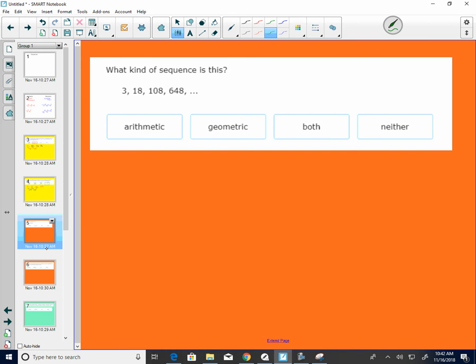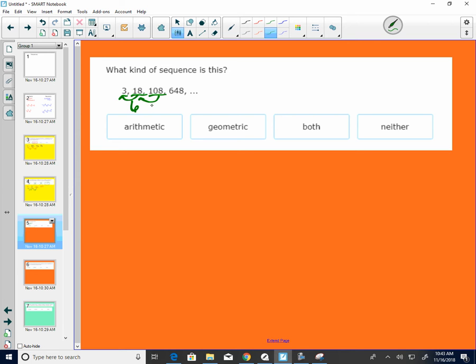Let's look at this next example. What type of sequence is this? Well, let's just start. Those numbers are getting big pretty quick, so I'm going to check for geometric first. Well, 18 divided by 3 is 6, and then let's look at 108 divided by 18 and see if that is 6.